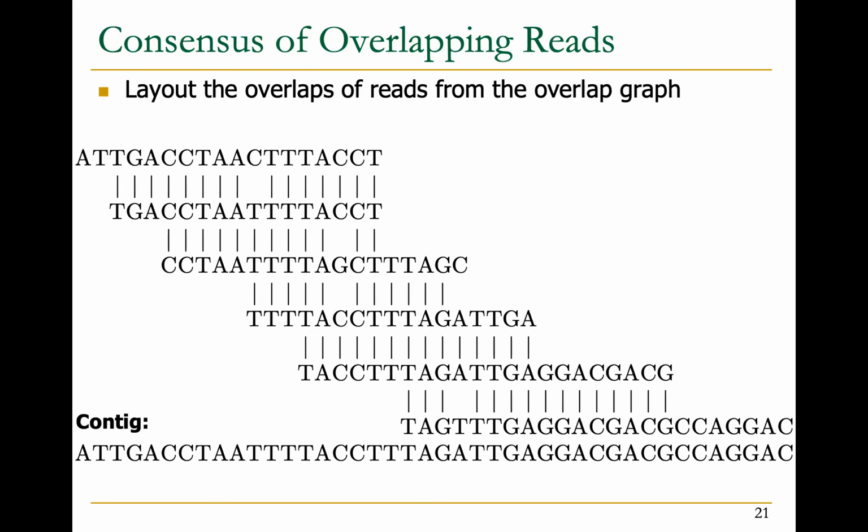When you do the layout, it maybe looks like this. For example, this is the very early node, and then there's a connection between this and this, and then this and this. So once you do the layout, it will look like this. So the question is, how do we generate the assembly from all these connections? And a very simple answer is to take the consensus.